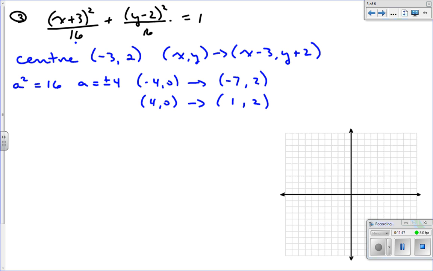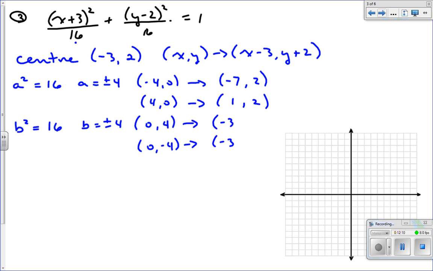And then our minor vertices, well, we might as well call b squared also 16, and we'll think of that as being under the y. So b is equal to plus or minus 4. So that would give us the points (0, 4) and (0, -4). And once we apply our mapping rule, we're subtracting 3 from the x's, so they'll both be at -3, and adding 2 to the y's.